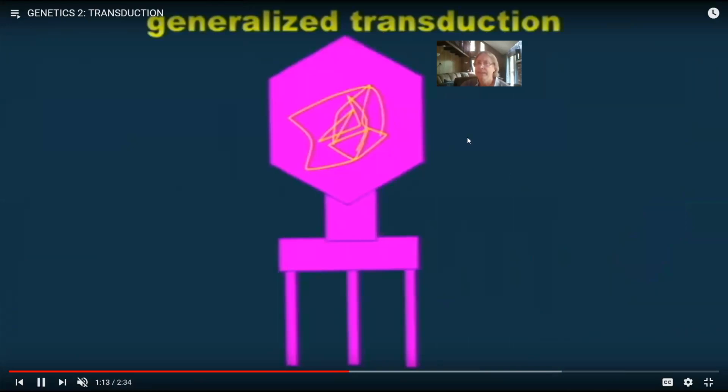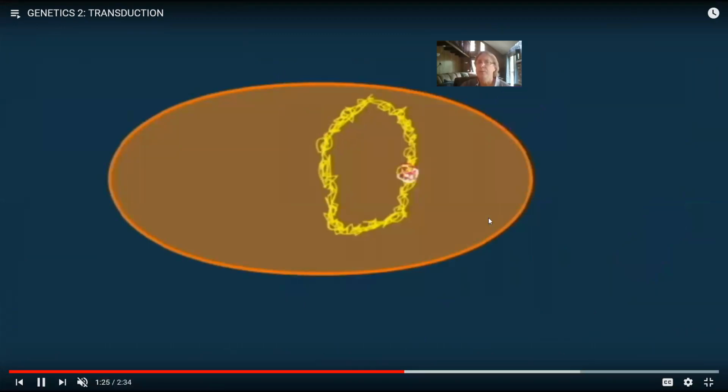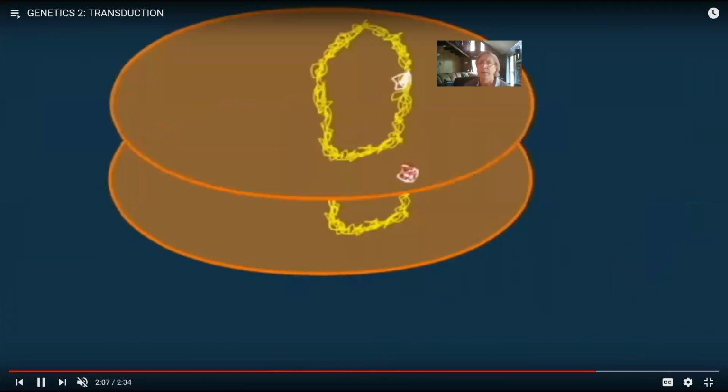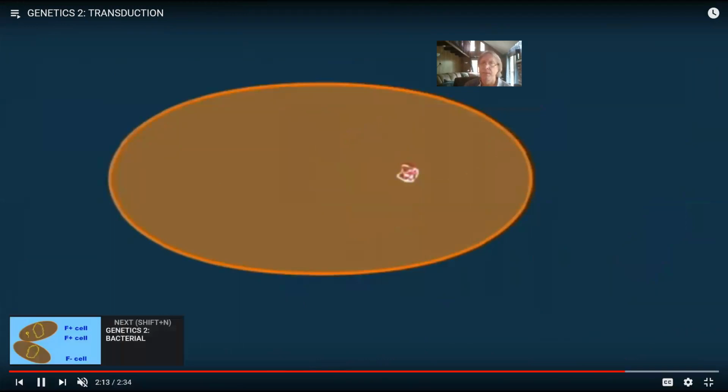If this viral particle then infects another cell, it would then inject yellow DNA from the first bacteria into the second cell and introduce genes from one bacteria into another. Once again, that is a form of genetic exchange known as transduction, which uses viruses as an intermediary.